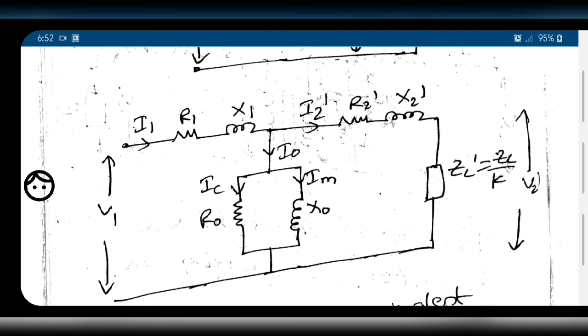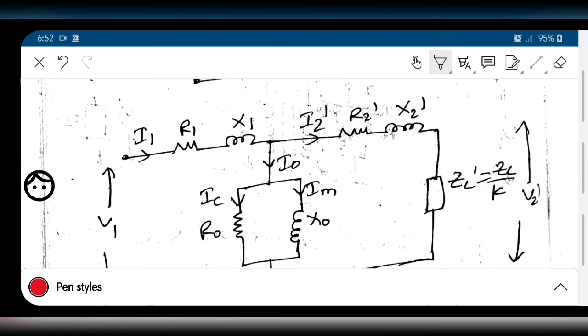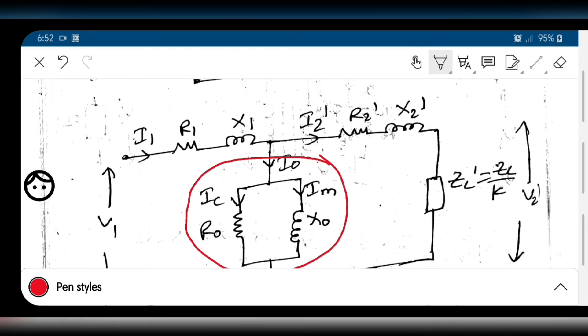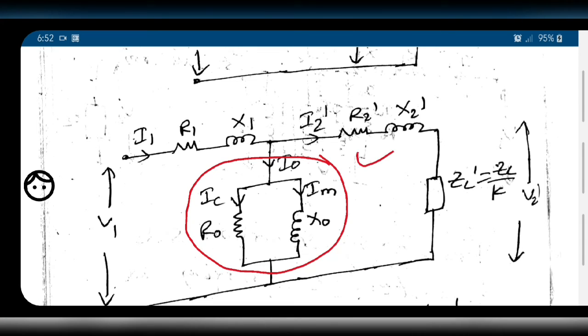This is called the shunt or excitation branch. And the secondary side circuit which is transferred to primary is connected here.